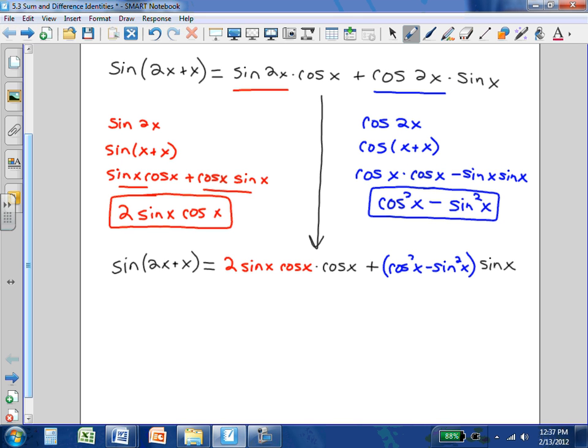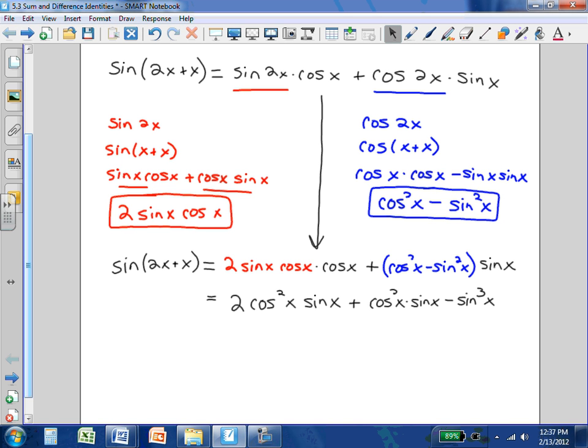So I just took this and I replaced red with red, blue with blue. And now we can clean it up a little bit. So right here I see I've got a cosine times a cosine. So that's 2 cosine squared x sine of x. And on the right hand part here I'm going to have to distribute. So I have cosine squared x times sine of x. And I've got a sine squared times the sine, so that's minus sine cubed of x.